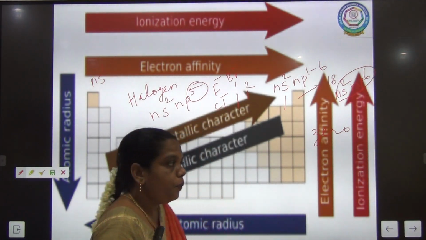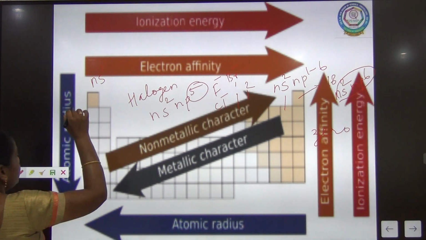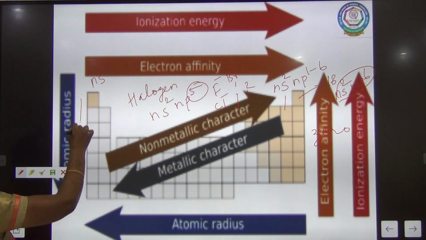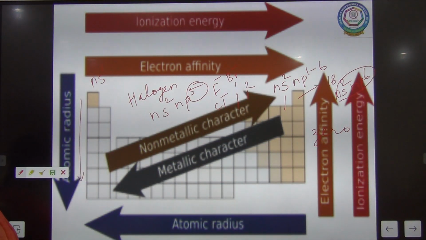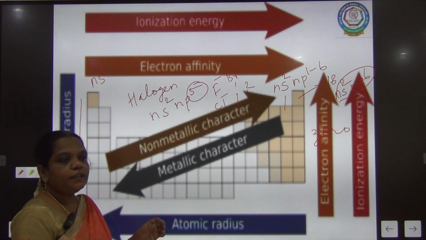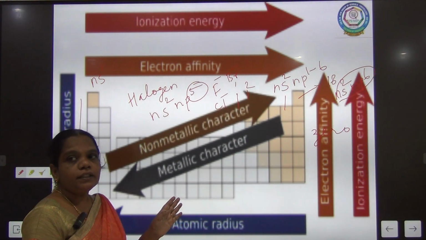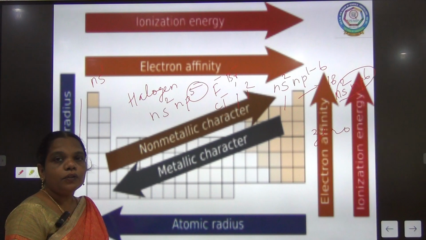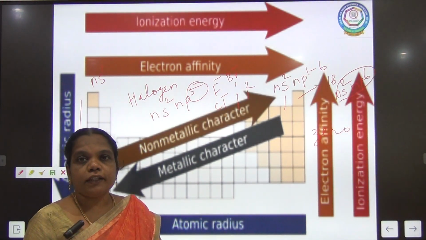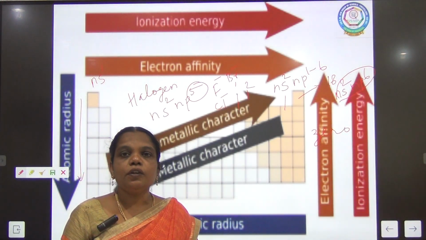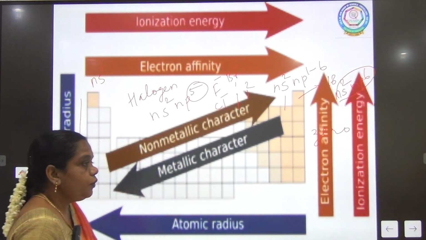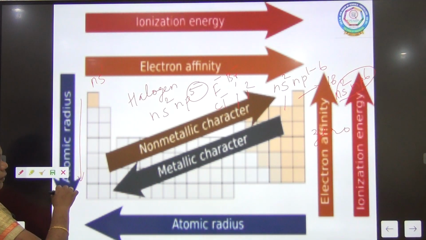If you go down the group, due to the increase in atomic size, the electron affinity decreases. The attraction towards the nucleus is less due to the increase in atomic radius.